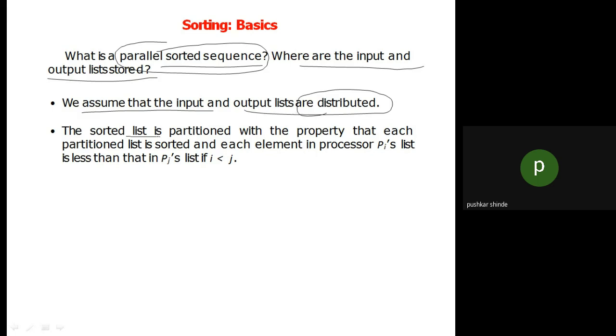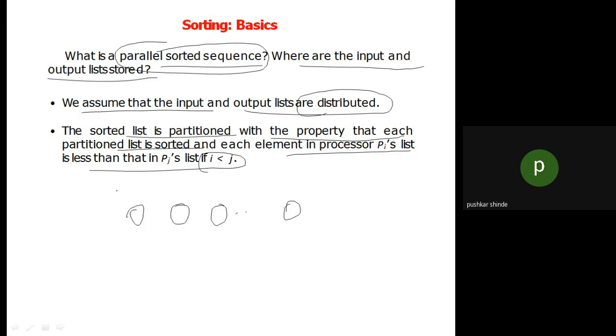The sorted list is partitioned with the property that each partitioned list is sorted, and each element in processor Pi's list is less than those in Pj's list if i is less than j. That means there are lists with every processor: the first processor will have some list, the second processor, third, fourth, and so on.